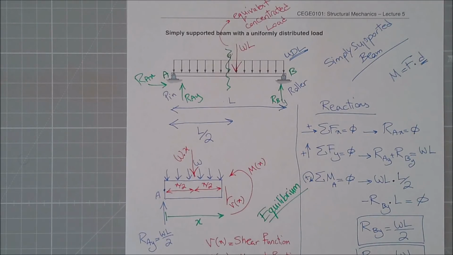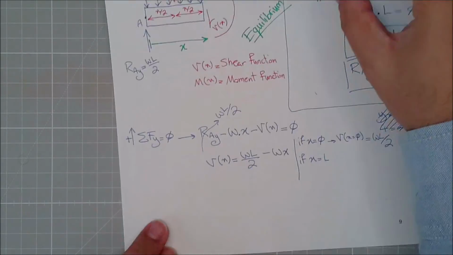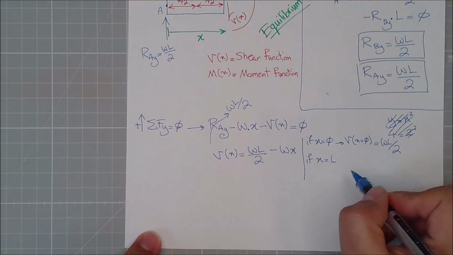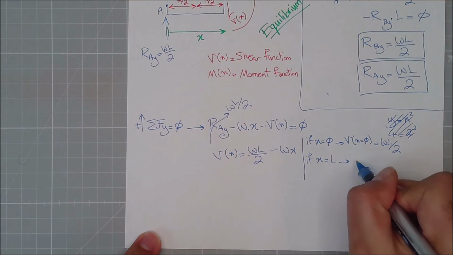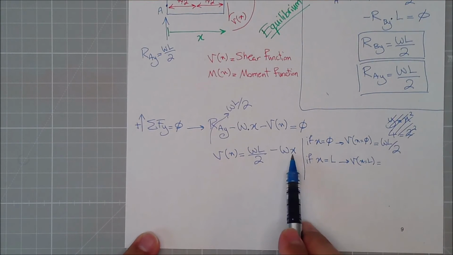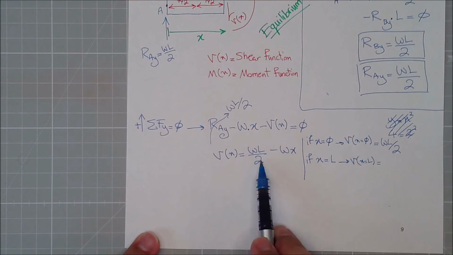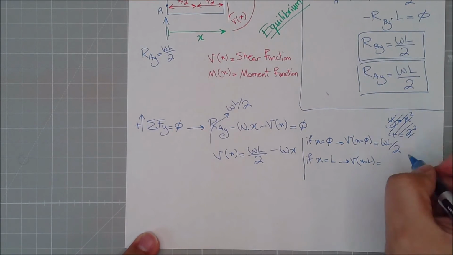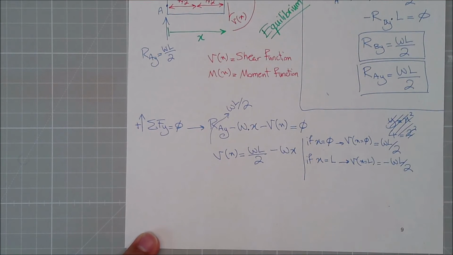So that's why I'm putting L in it as well. Let's see what happens. V(L) will be equal to WL divided by 2 minus WL. What will be left? Only half of WL, but negative: minus WL divided by 2. Simple maths.